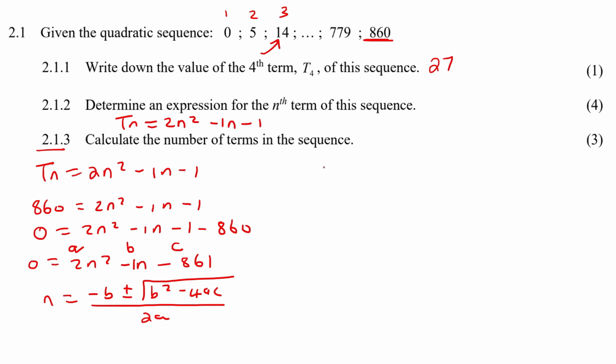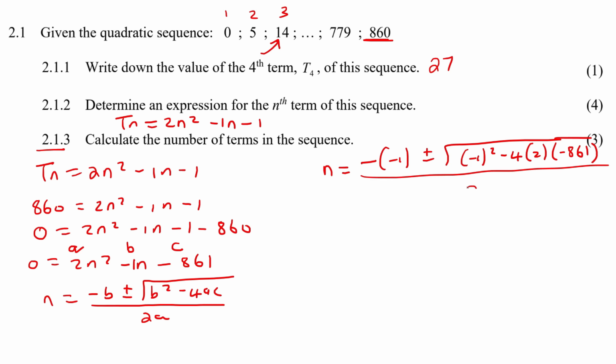And so we end up with n equals negative b, and b is negative 1 from over here, plus minus, b is negative 1, a is 2, c is negative 861, and then a once again is 2. Now you can just go calculate.